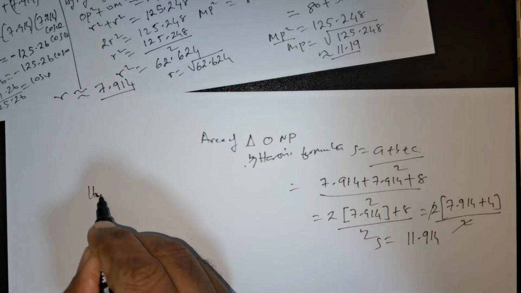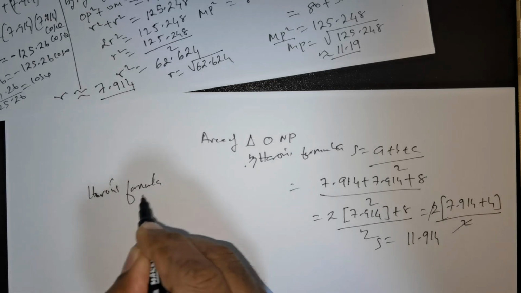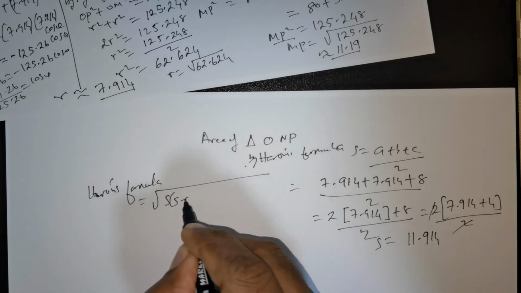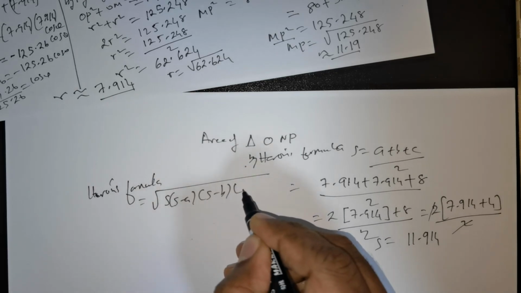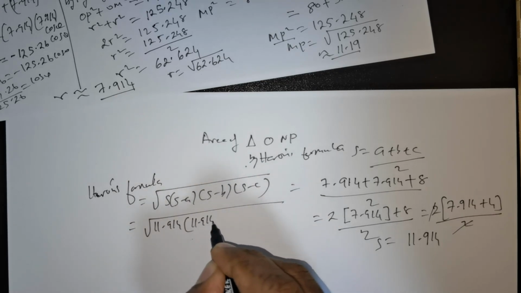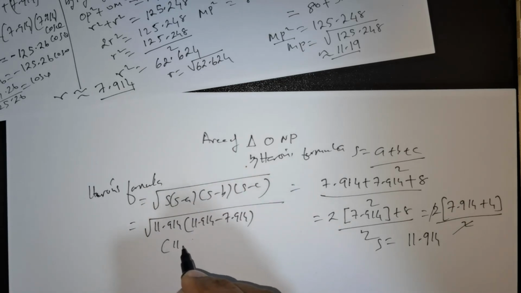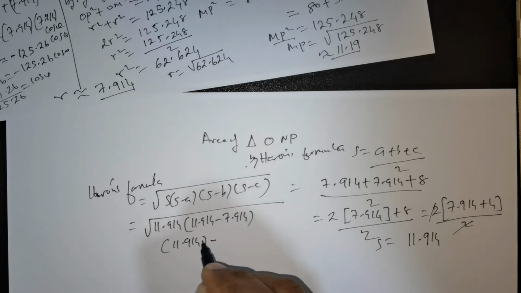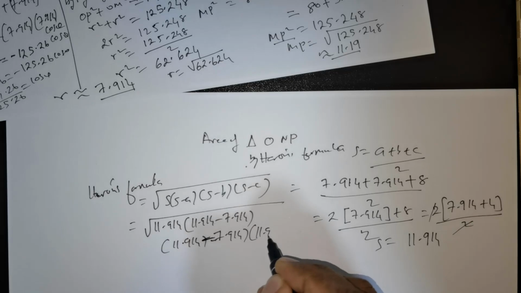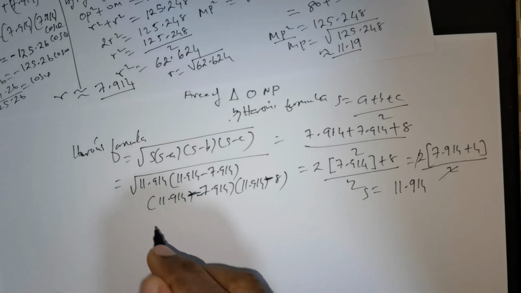So Heron's formula is what? Square root of S into S minus A, S minus B times S minus C. My S is 11.914. 11.914 minus 7.914 times 11.914 minus 7.914 times 11.914 minus 8. So we need to use a calculator.